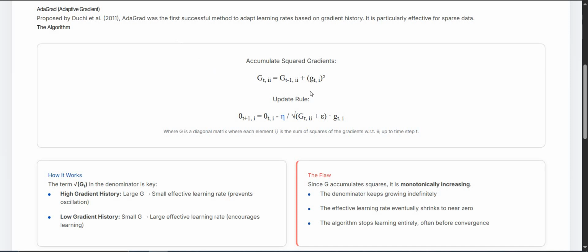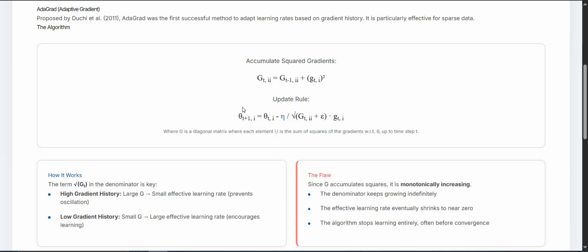So the formula you see is G sub t,ii equals G sub t minus 1,ii plus g sub t,i squared. Here G is a diagonal matrix storing the sum of squared gradients for each parameter up to step t.